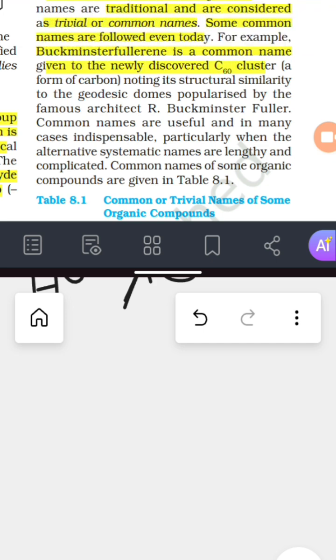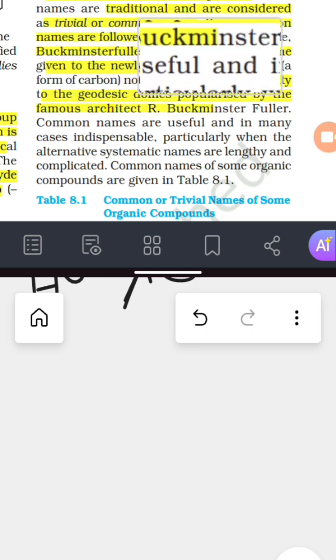It is a fullerene, a form of carbon, named noting its structural similarity to the geodesic domes popularized by the famous architect R. Buckminster Fuller.